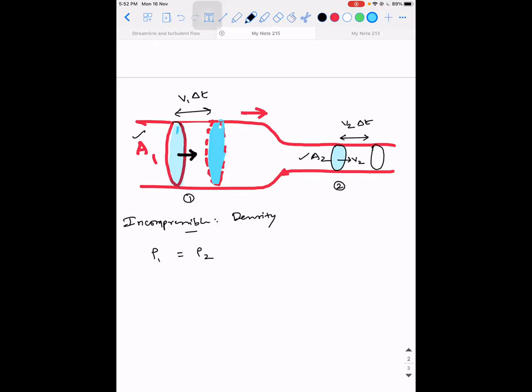So mass at point 1 divided by volume at point 1 is equal to mass at point 2 divided by volume at point 2. But again, when it is incompressible, can I say its volume is also constant? When its volume is constant, what should I change in the last expression?